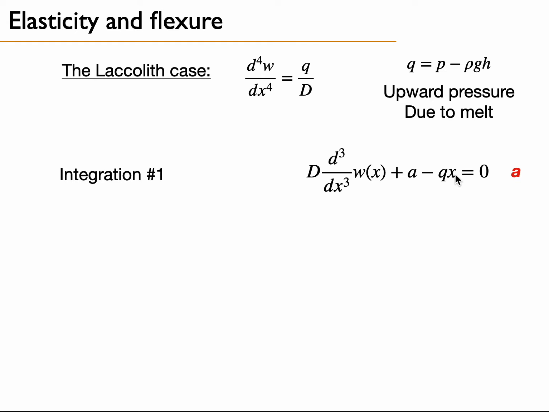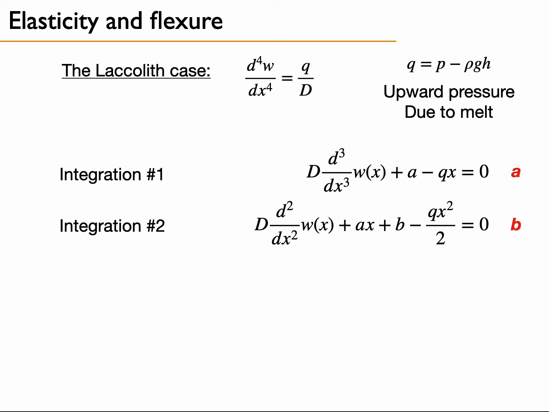Here Q gets multiplied by X. In the second step of integration, we drop again the order of the derivative here. The preceding constant A gets multiplied by X. The preceding term of first order with regard to X becomes second order, divided by 2. And we produce a new constant B.